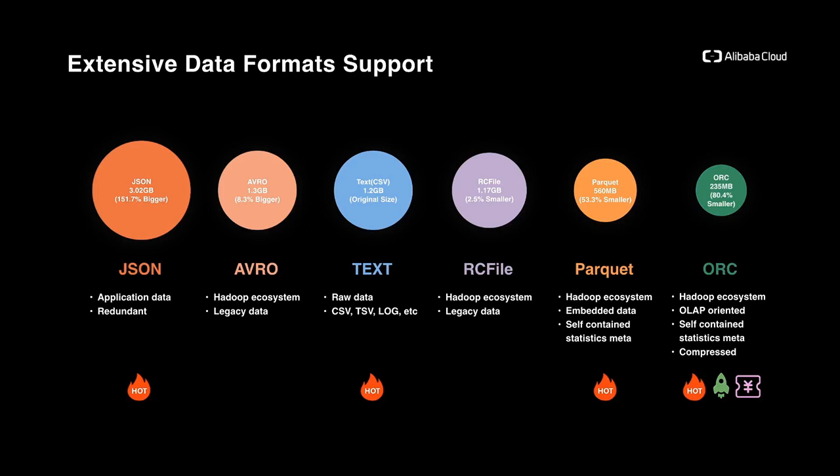Parquet and ORC are well compressed for embedded data and OLAP schema analytics, respectively. DLA can well utilize the statistic metadata built in Parquet and ORC to speed up querying. DLA can also support data in Avro and RC file formats.